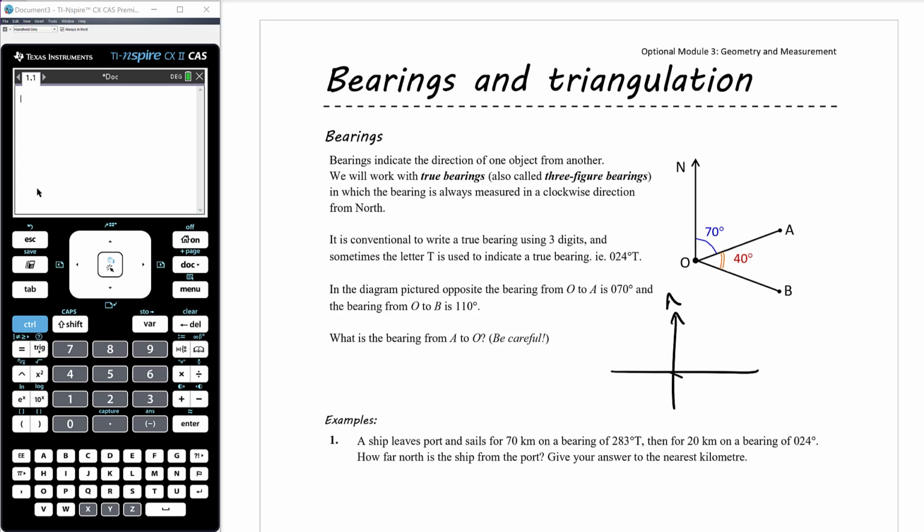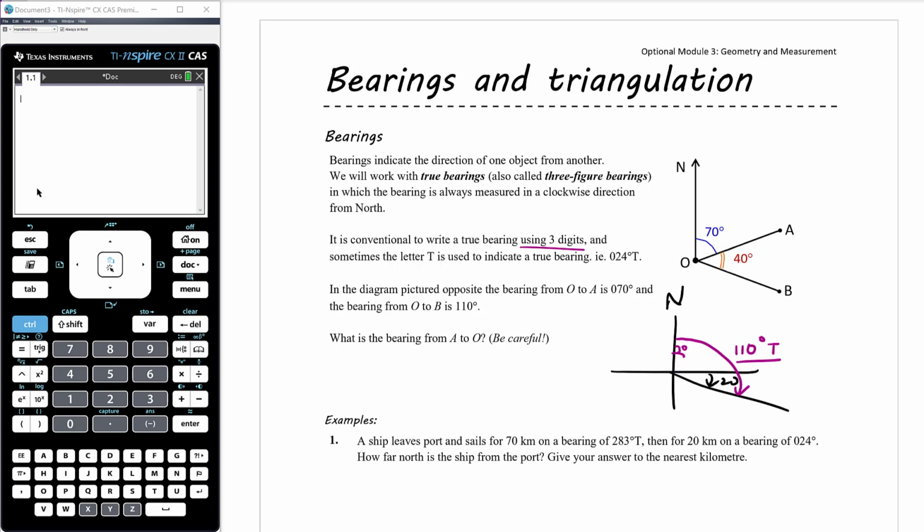So if we had this 20-degree angle here, measuring that as a bearing relative to north, the bearing would be 90 plus 20, so 110 degrees, and we sometimes write a T after it to say true. It's conventional to write a true bearing using 3 digits, so if it was here and that was 30 degrees, we would write that bearing as 030 degrees true, although to be honest that's becoming a bit less common.